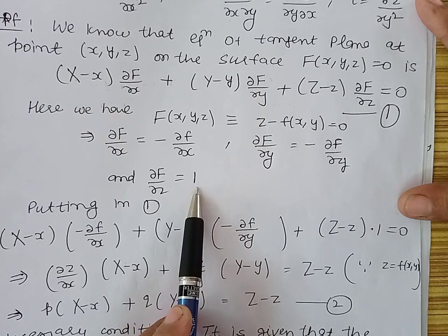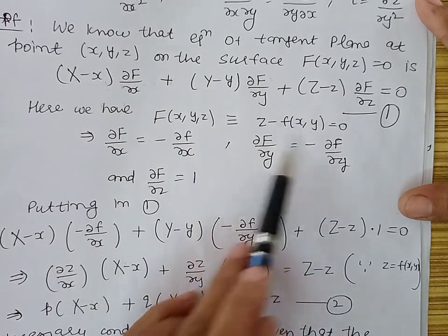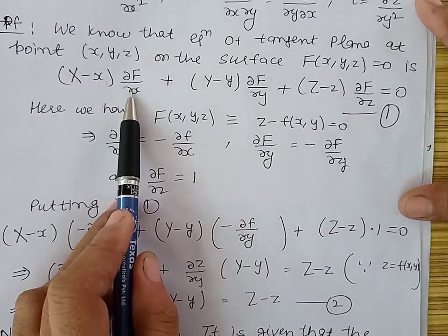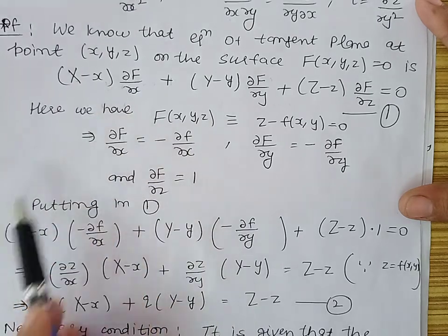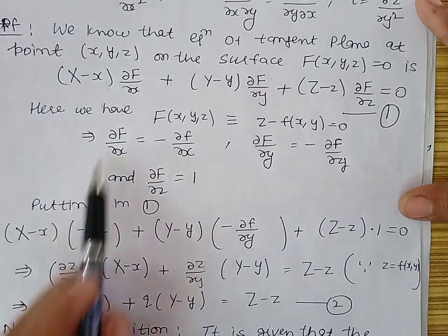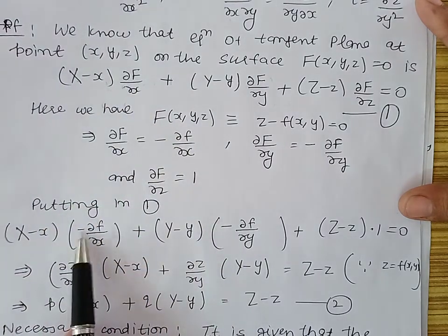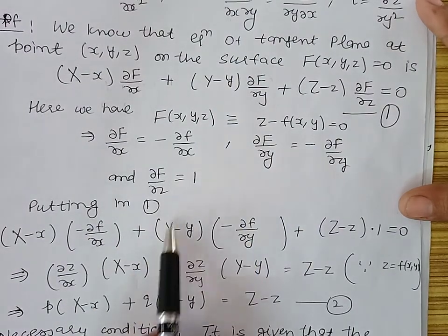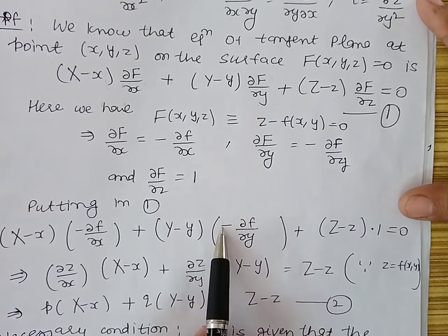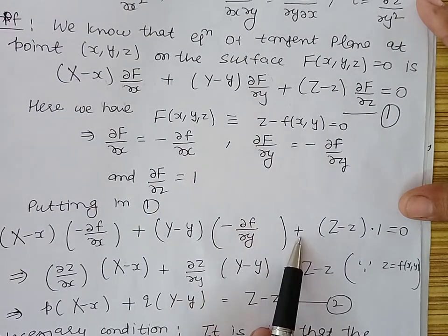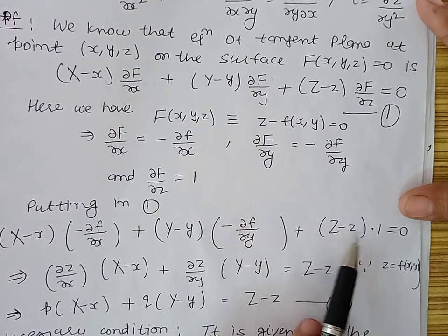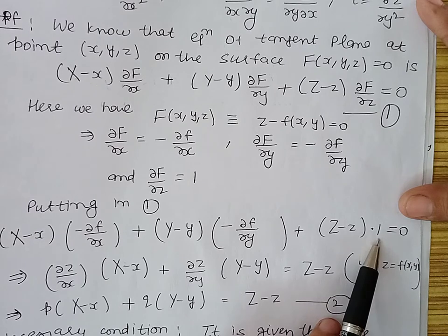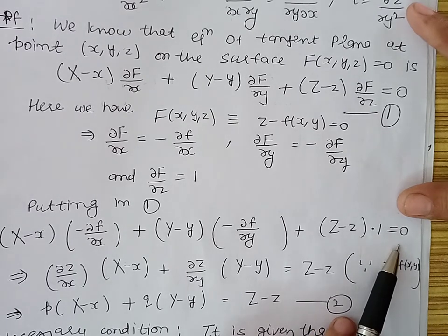Now we can substitute these three values in equation 1. This equation becomes (X minus x) times minus ∂f/∂x plus (Y minus y) times minus ∂f/∂y plus (Z minus z) times 1.